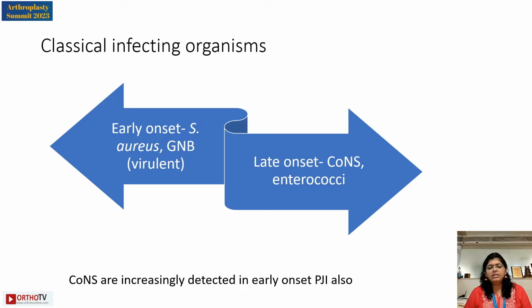The late onset organisms, in infections greater than 3 months, between 3 to 12 months or greater than 12 months, are the less virulent organisms, which are also common commensals like coagulase negative staphylococci and enterococci. However, this is not set in stone, and there have been several instances where coagulase negative staph can also cause early onset infections, especially Staphylococcus lugdunensis, which is well implicated in several early onset PJIs as well.